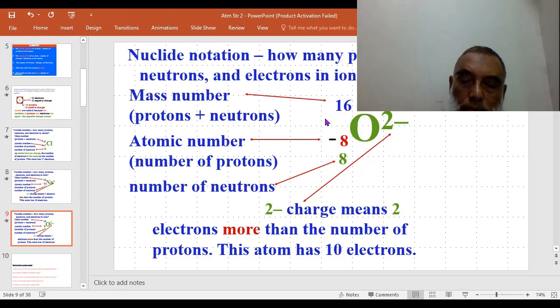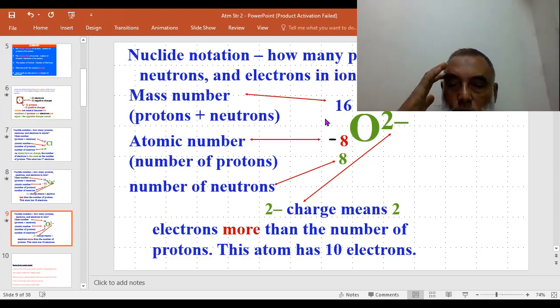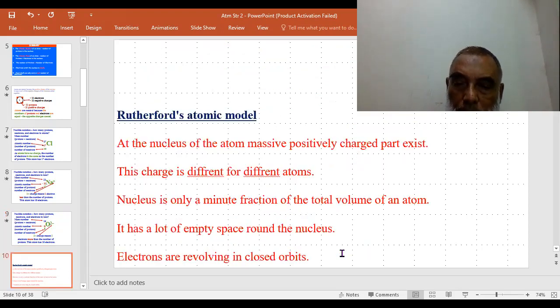When it gains 2 electrons, it becomes doubly negatively charged. Then its number of electrons becomes 10, and it takes the shape of the nearest noble gas, neon.